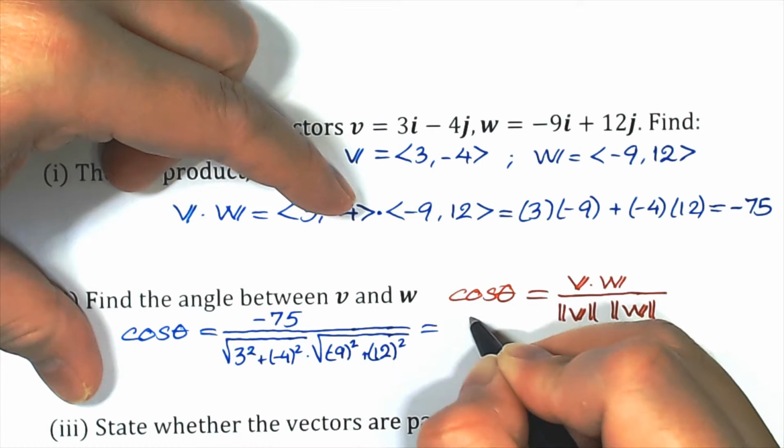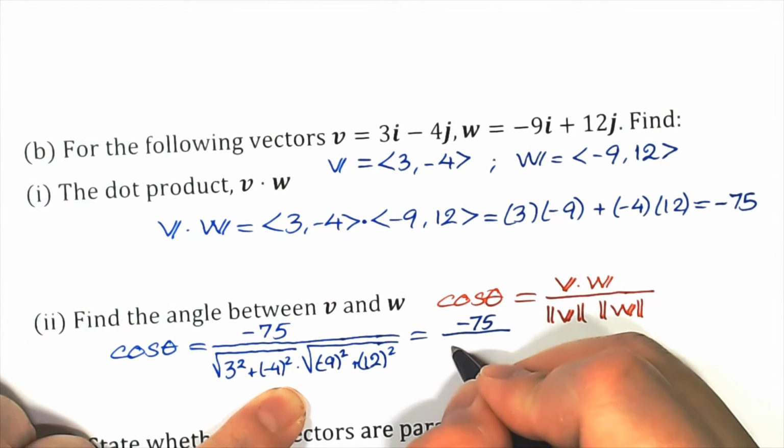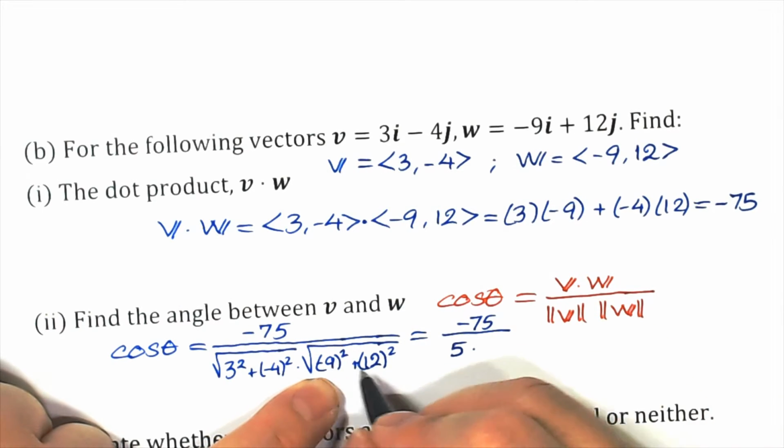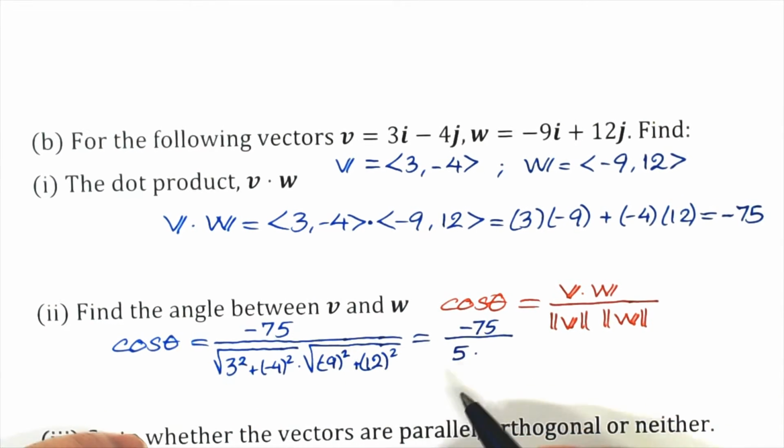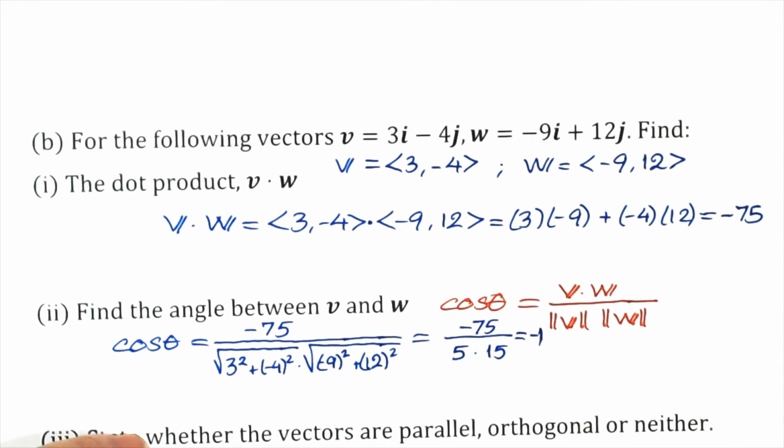Right. So we have negative 75, and 3 squared and 4 squared gives 5, and 9 squared and 12 squared gives 15. So we have negative 75 over 5 times 15, and doing that we have negative 1.